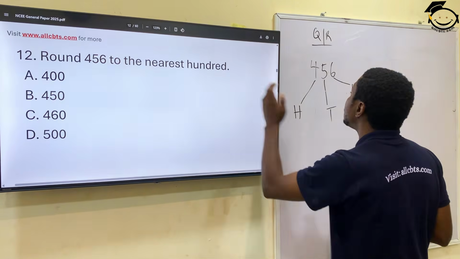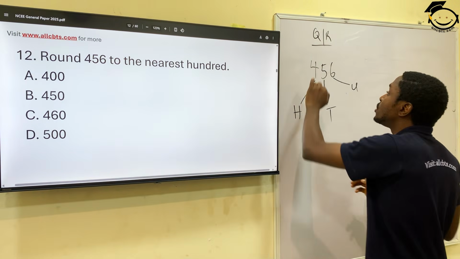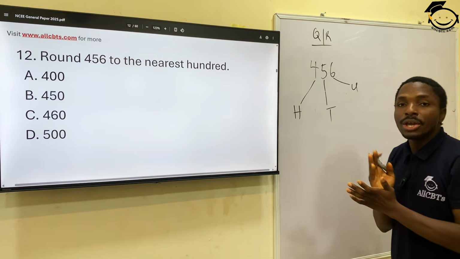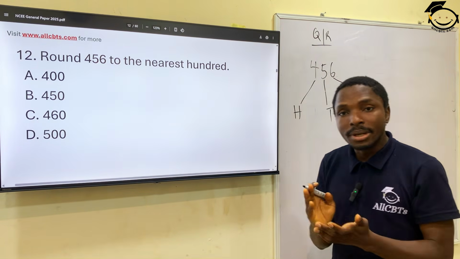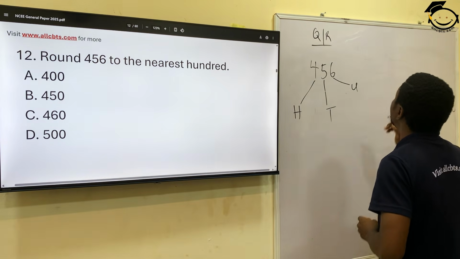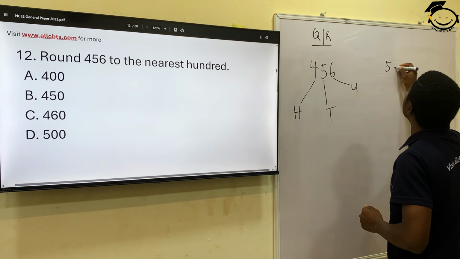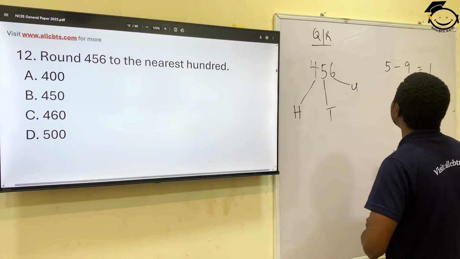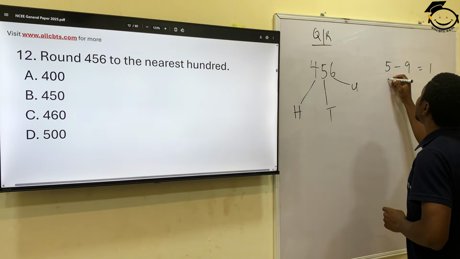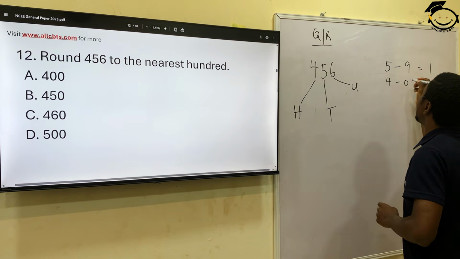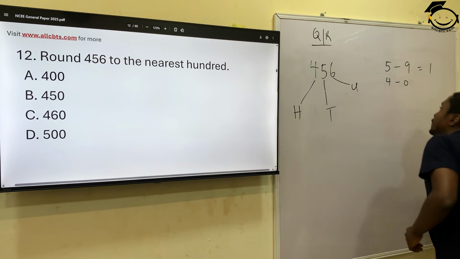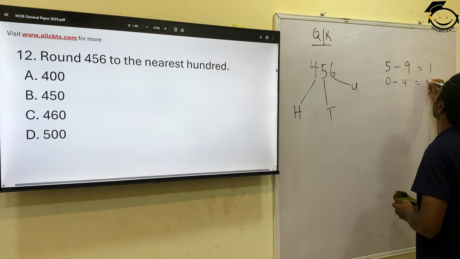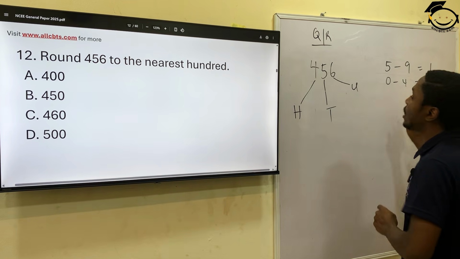Because we are rounding to the nearest 100, this is the number that we need to do something about, which is the 4. There is a rule in rounding: when the number is between 5 to 9, you round it up to 1. And when the number is between 0 to 4, you round it down to 0.